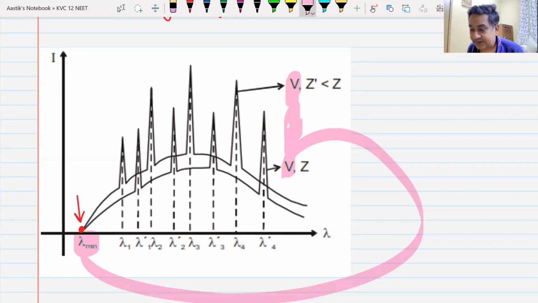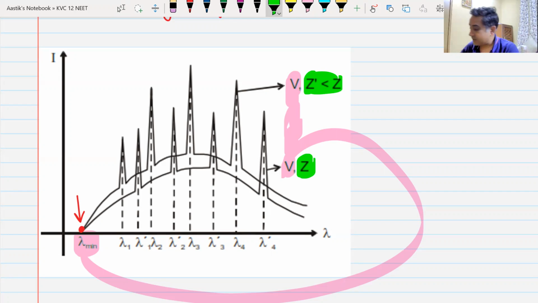So it remains the same. The spikes depend on the metal. Here the atomic number of the metal is Z. Here the atomic number is Z dash, which is less than Z. So if the atomic number decreases, you can see the spikes shift.